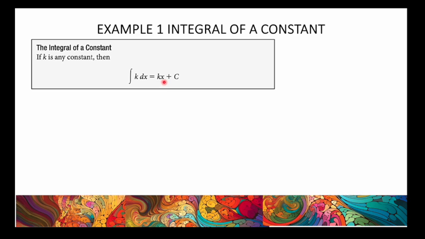So what I want you to think about is when we use the power rule, when we find the derivative, what we do is we take the power and bring it down in front and multiply it by the function, and then we take the exponent and we subtract 1.